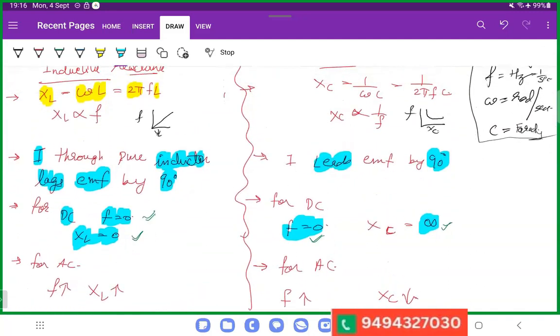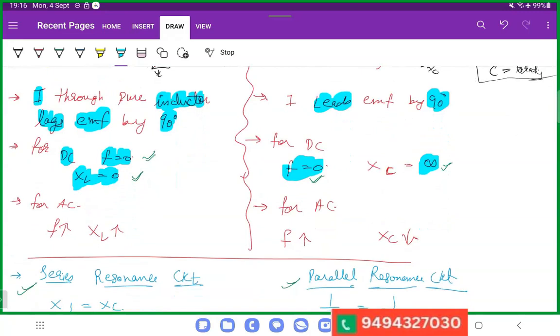So this all depends upon the relation between frequency and XL and XC. In AC, frequency increases, so XL also increases because directly proportional, while XC goes the reverse way because inversely proportional.